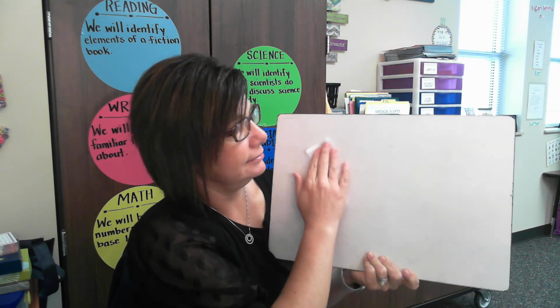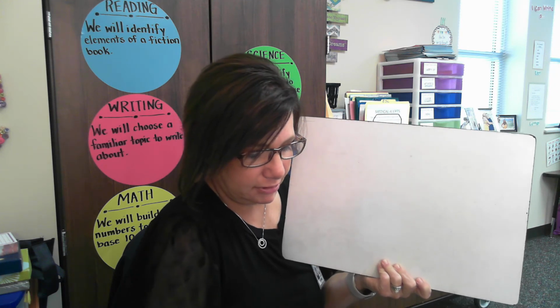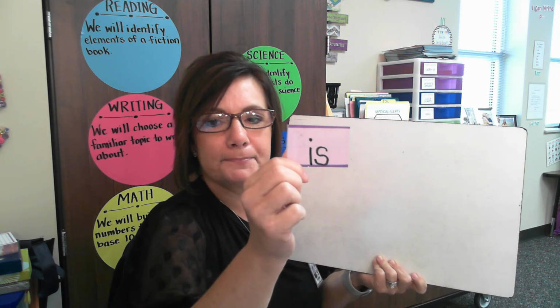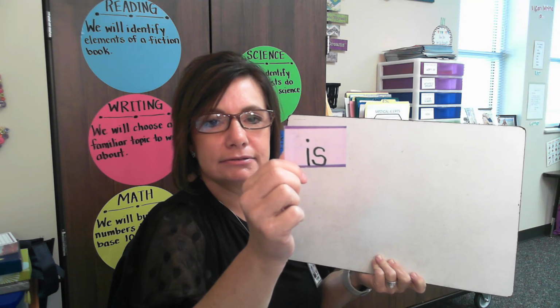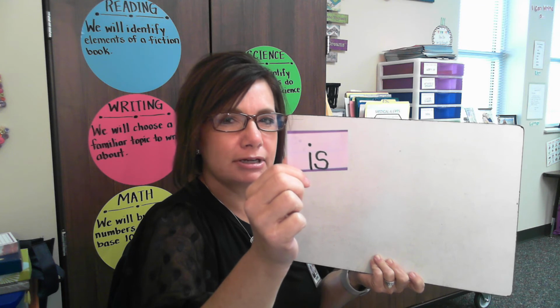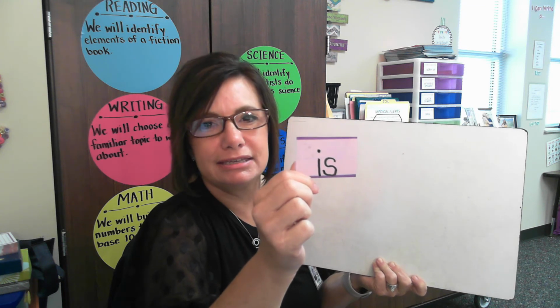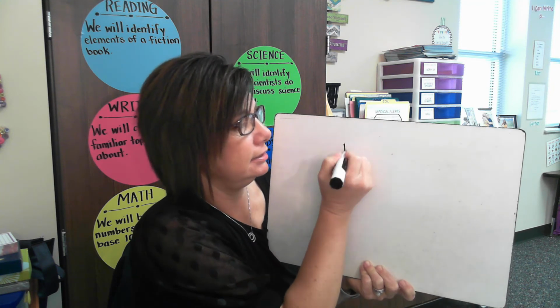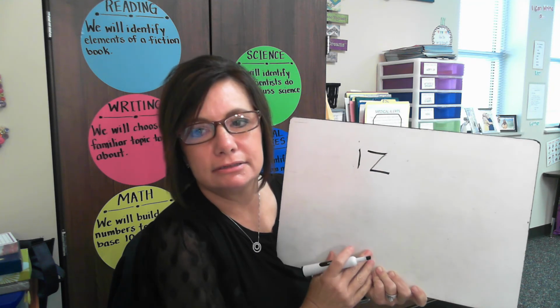The last word for today is is. Is. Now, if you think about it, this word might sound a little different than it's spelled. If you say is, this is what it sounds like. Is.